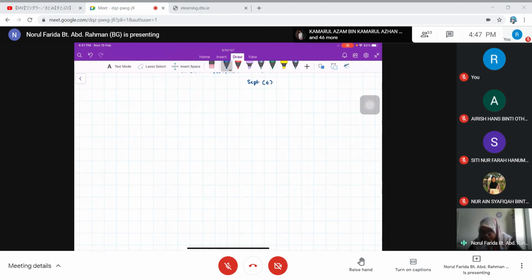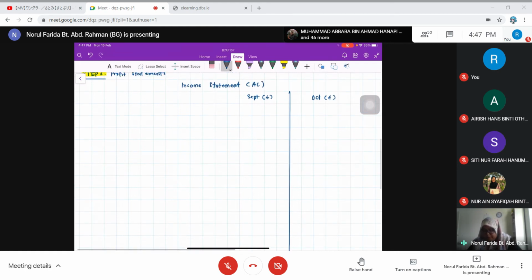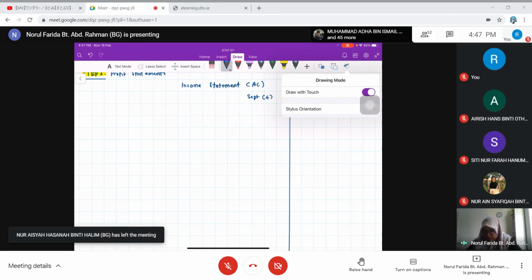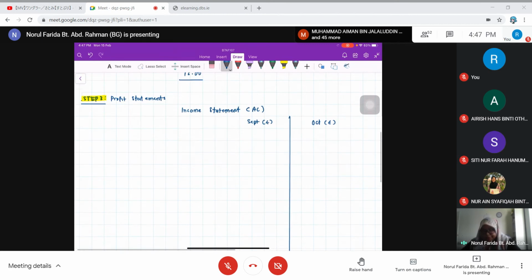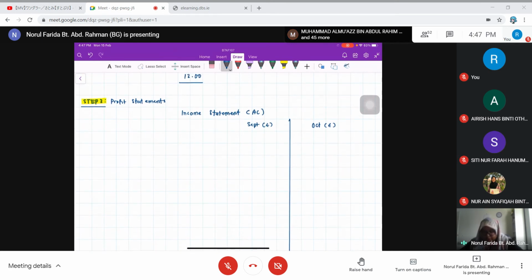Alright, so kita akan buat satu untuk September and satu untuk Oktober. Kita akan buat September dululah. Okay, income statement untuk September. Kita akan start kita punya statement standard lah, income statement.